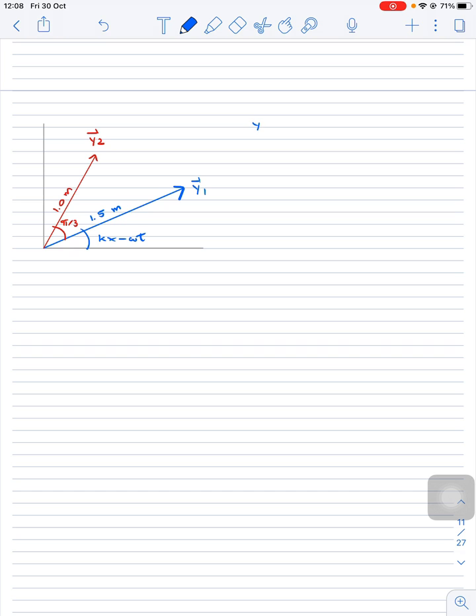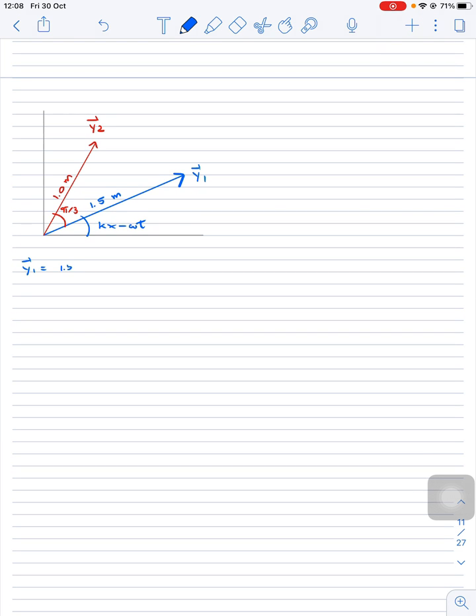Let me start from y1. y1 is equal to 1.5 meters times the cosine of kx minus omega t i, because it's pointing in this direction, plus the sine of kx minus omega t j.